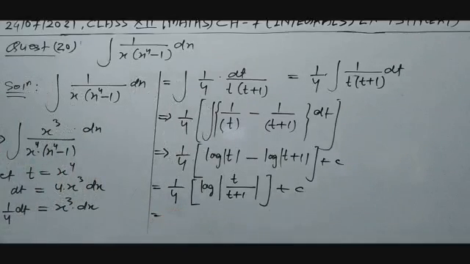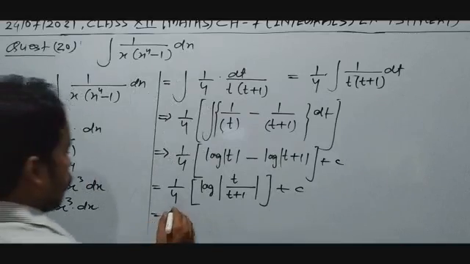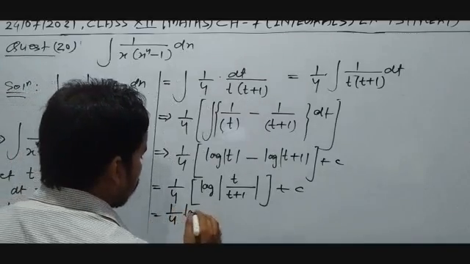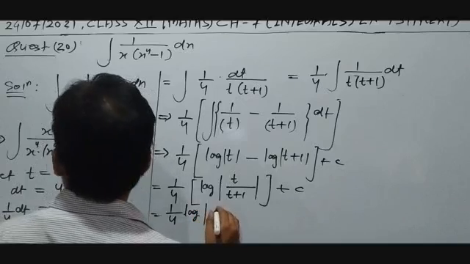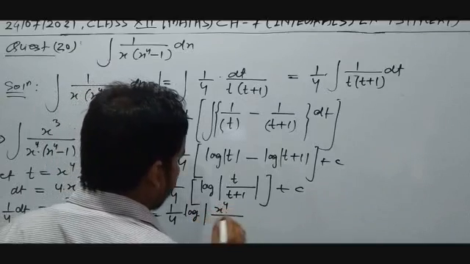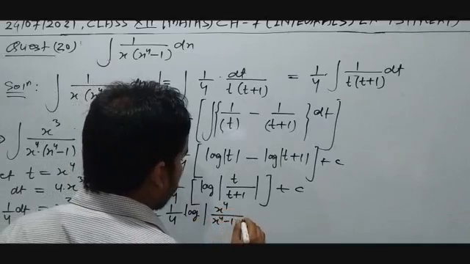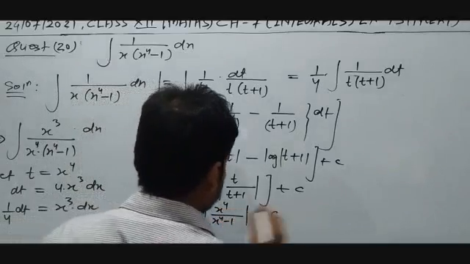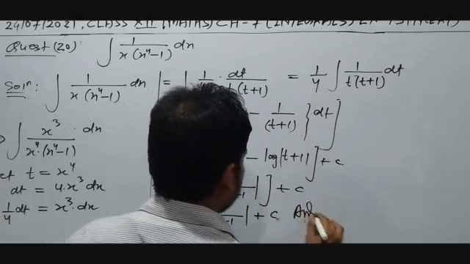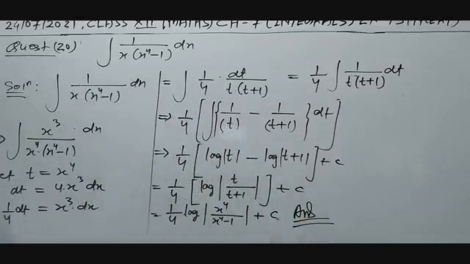So 1 by 4 log of mod of x to the power 4 upon x to the power 4 minus 1 plus c. This is the answer. Question number 20 is completed.